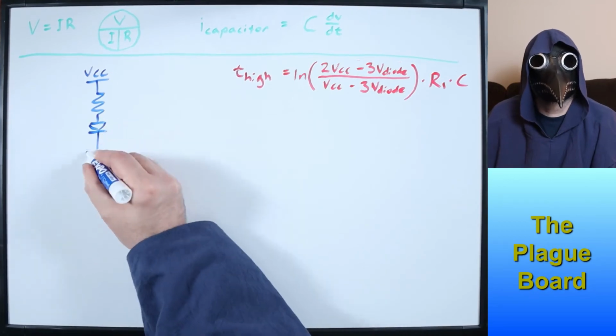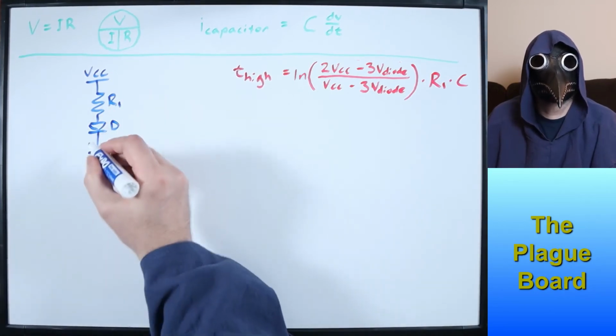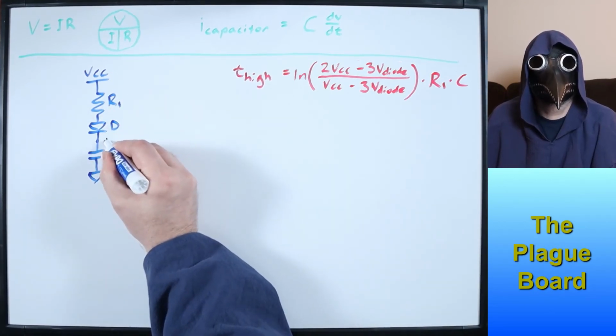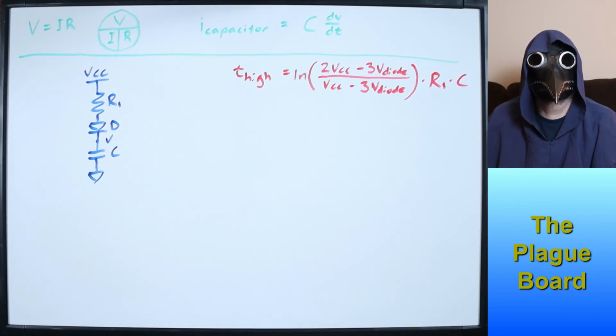So, we'll have this circuit with V being the voltage across the capacitor. We are still charging the capacitor from 1/3 VCC to 2/3 VCC.